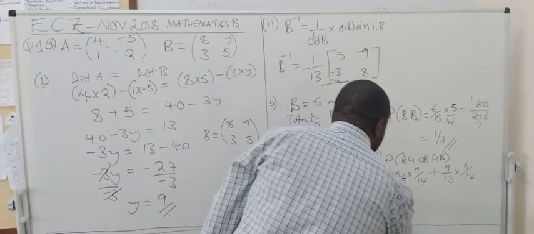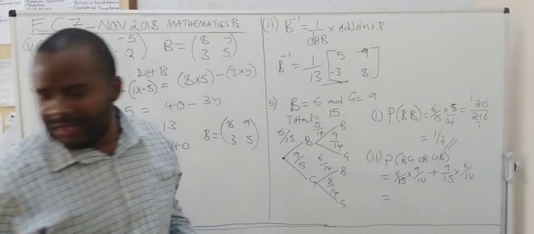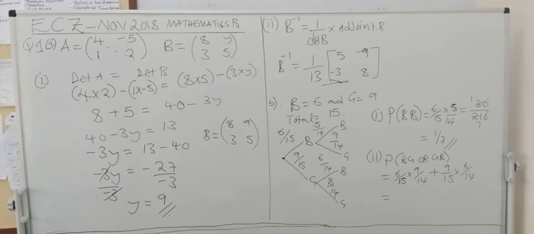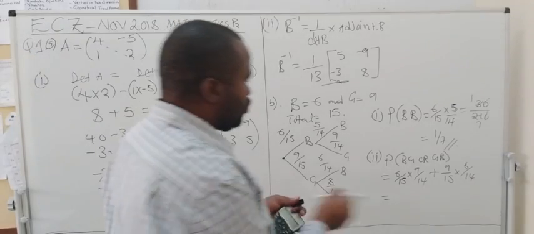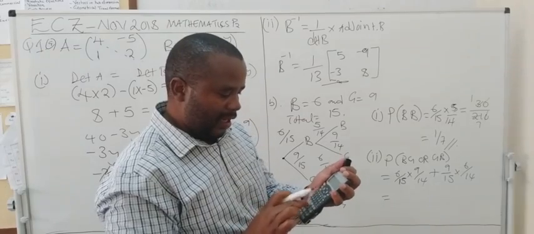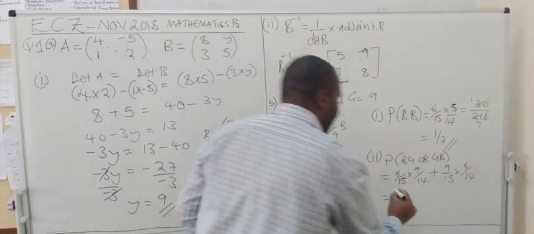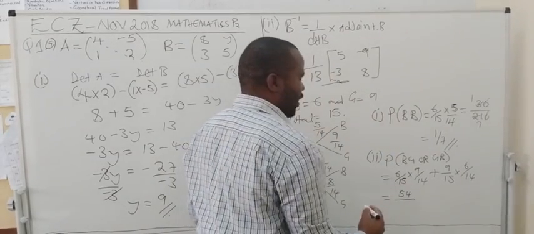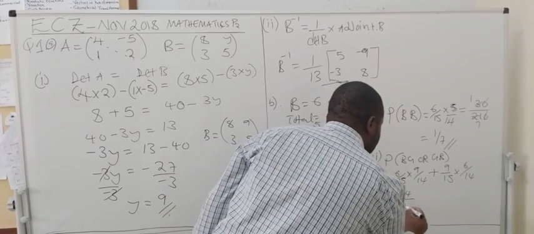Then we multiply. You can use a calculator because we are saying this is paper 2. So you need to use the calculator, you don't need to worry. So you know that 6 by 9 is 54. You can do it yourself. So you have got 54 here over 15 by 14, which is 210.